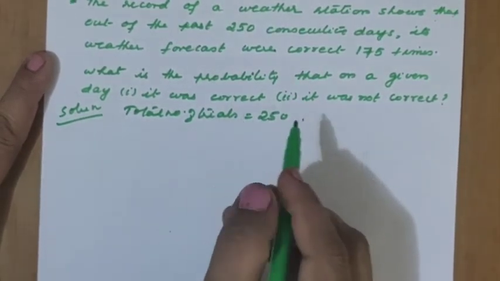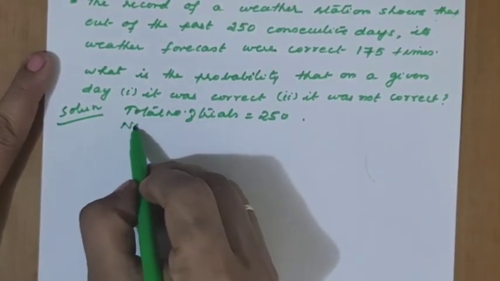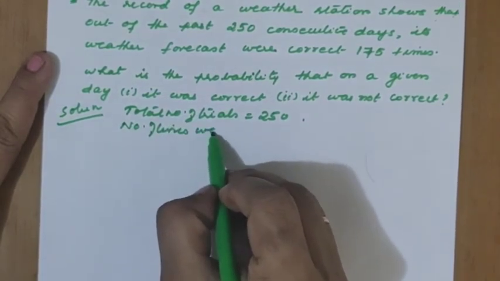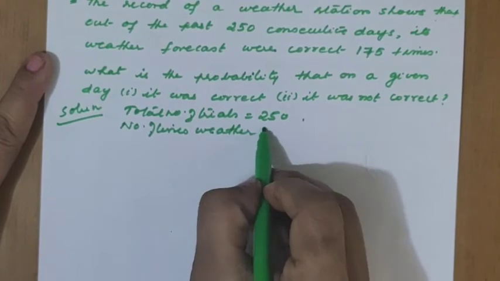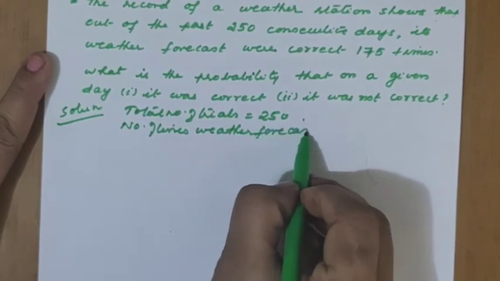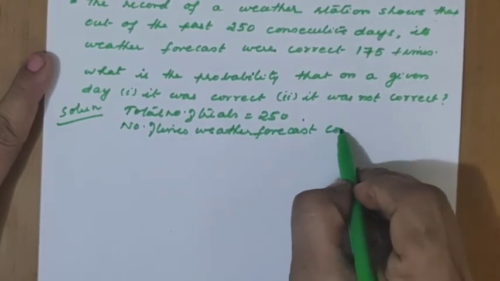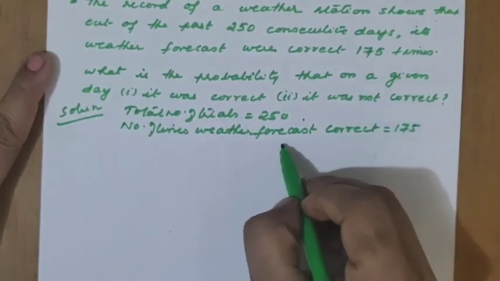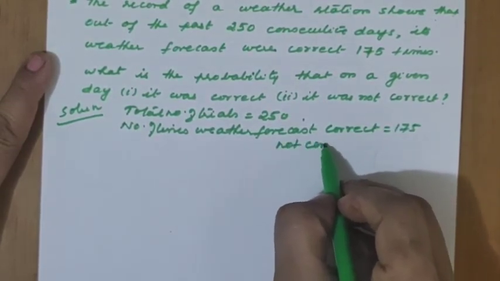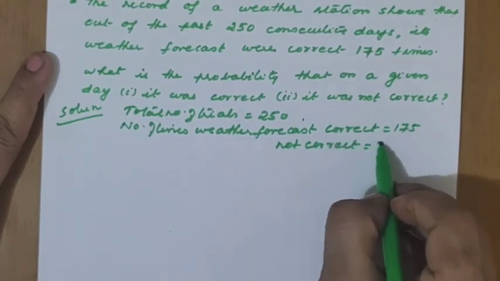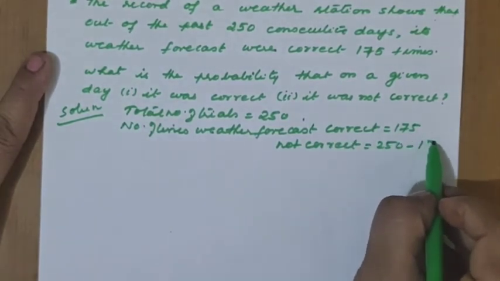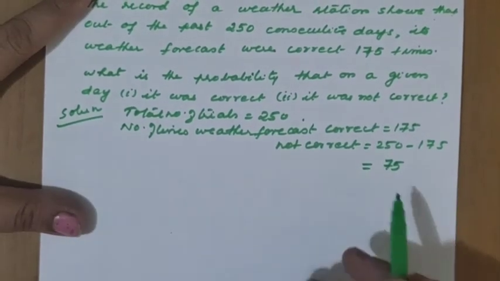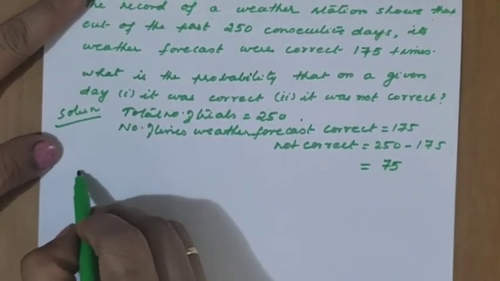Number of times the weather forecast was correct equal to 175. Not correct, 250 minus 175, 75 times.